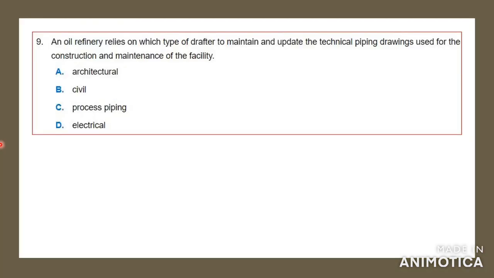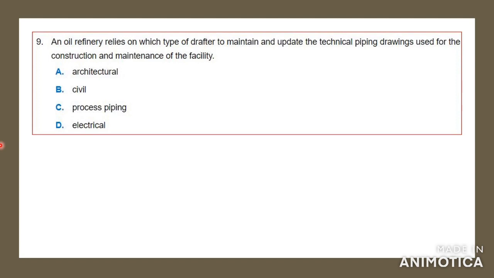All right. Number 9 says an oil refinery relies on which type of drafter to maintain and update the technical piping drawings, or the drawings of pipes used for the construction and maintenance of the facility.